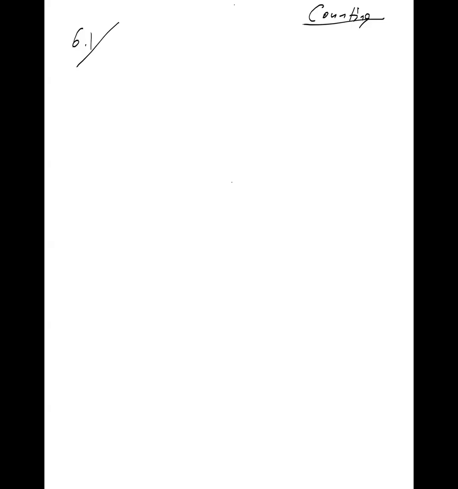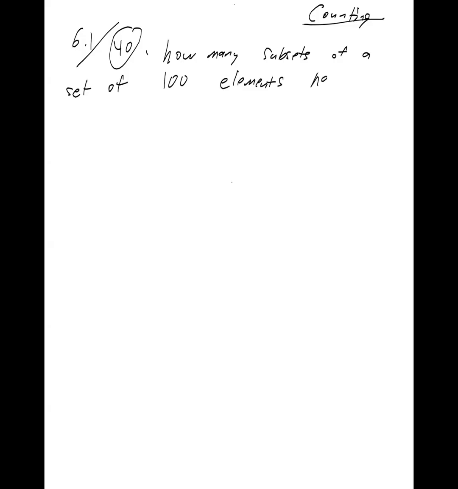So 6.1 number 40 says, how many subsets of a set of 100 elements have more than one element?